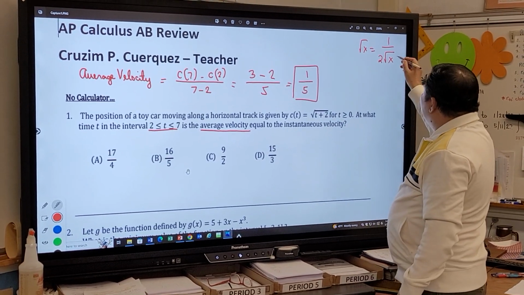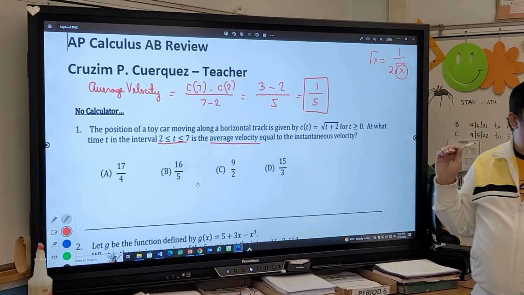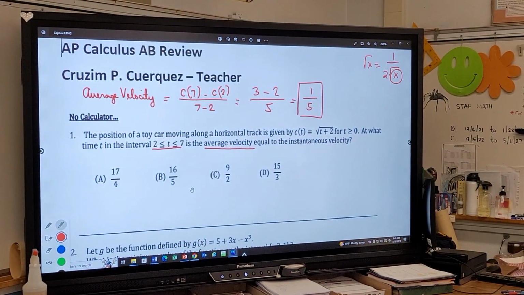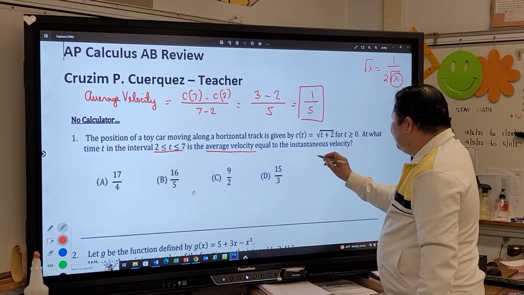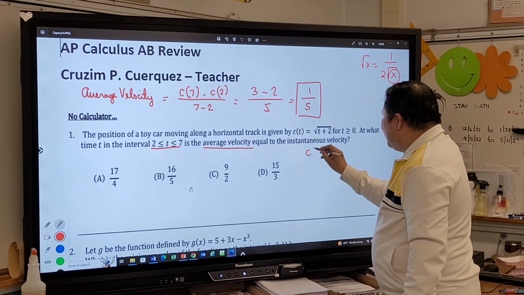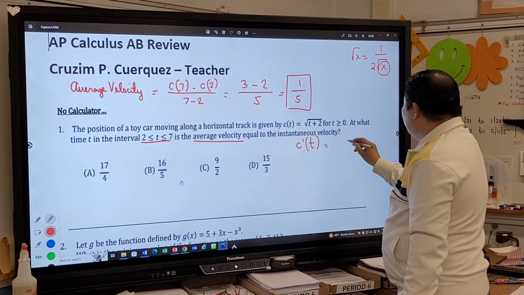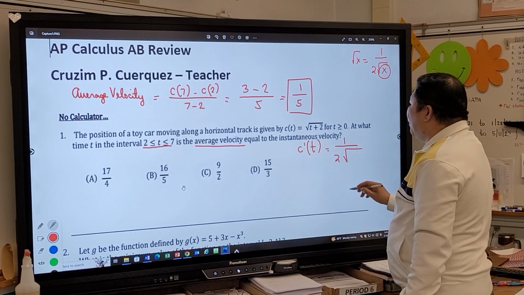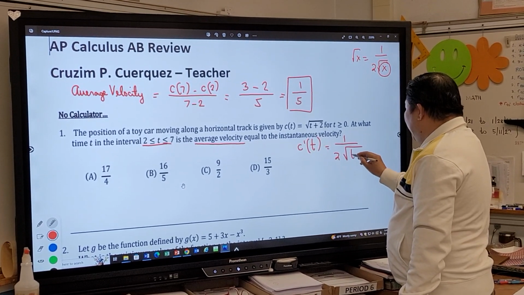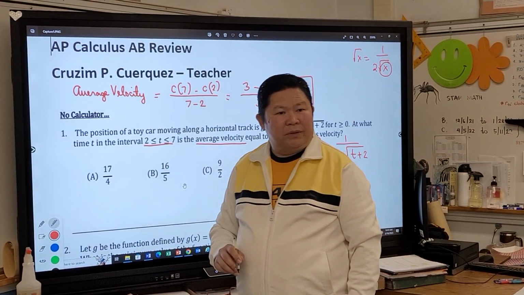But this time, x is represented by t plus 2. Okay? So therefore, in this case, C prime of t is now equal to 1 over 2 times the square root of t plus 2. Make sense, guys? Okay?